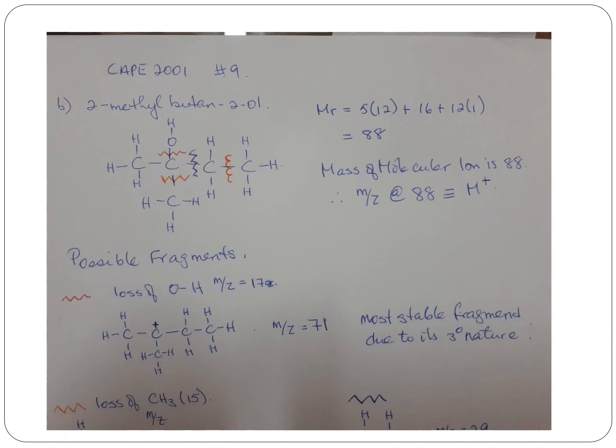You can approach it from that direction in terms of 88 minus what will give me 73, 88 minus what will give me 71, so that you go back to, is it going to be a CH3? Is it going to be an OH? Is it going to be a C2H5? What is it going to be? That is one possible way.